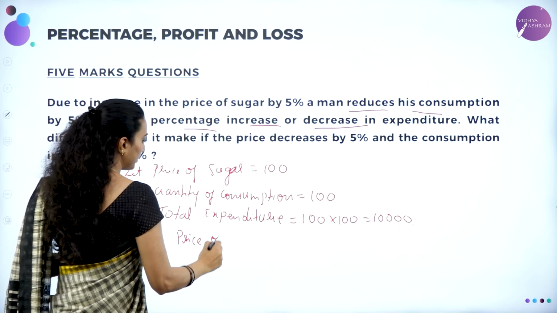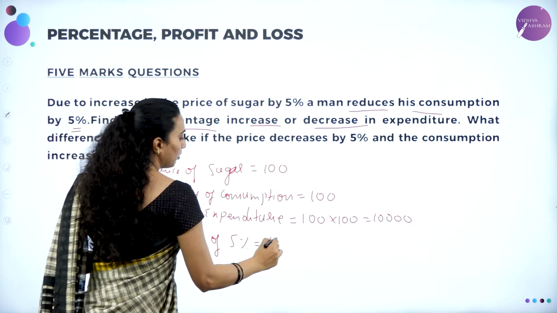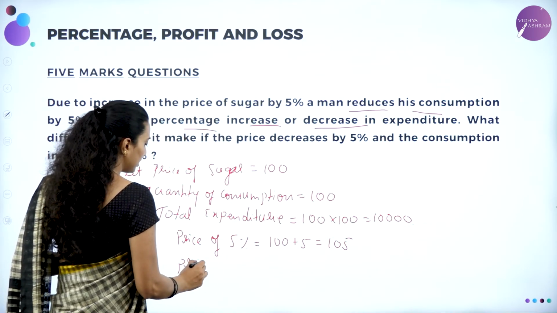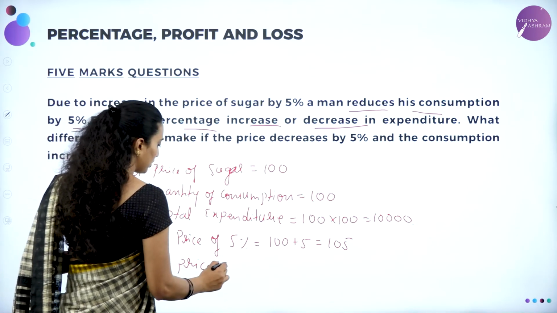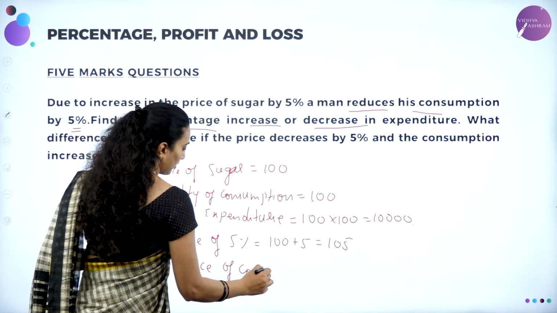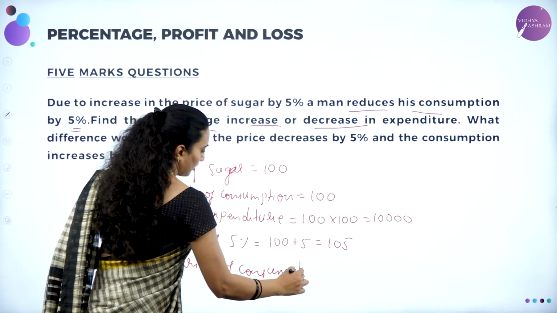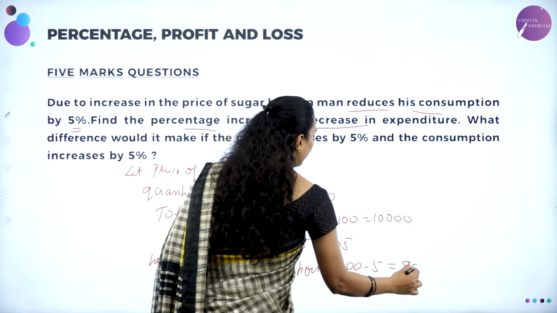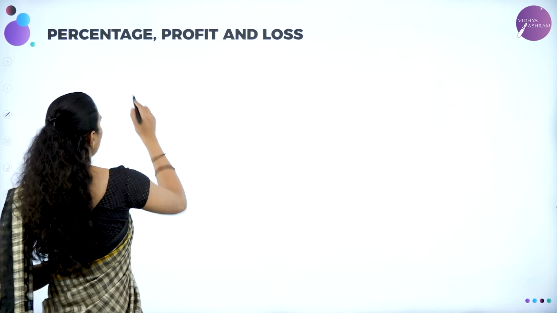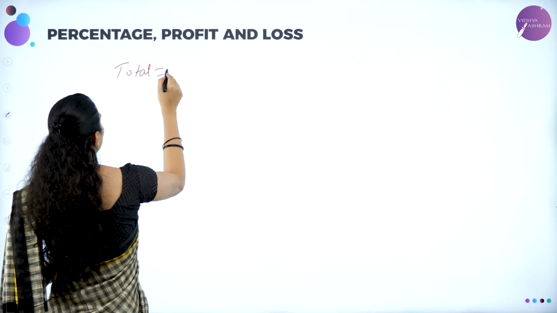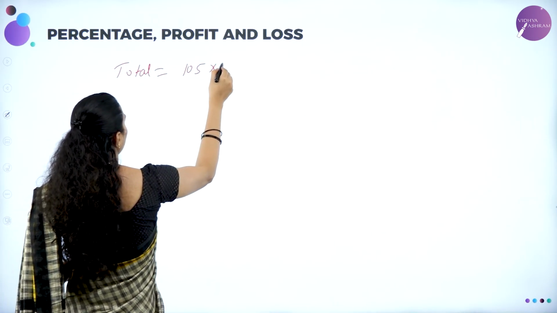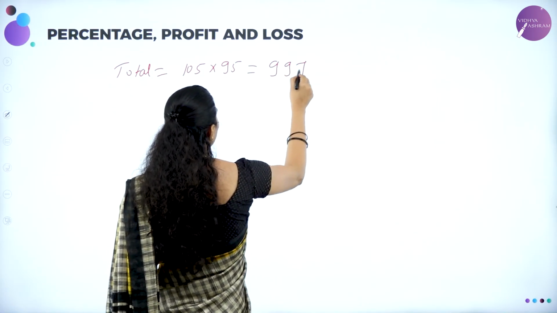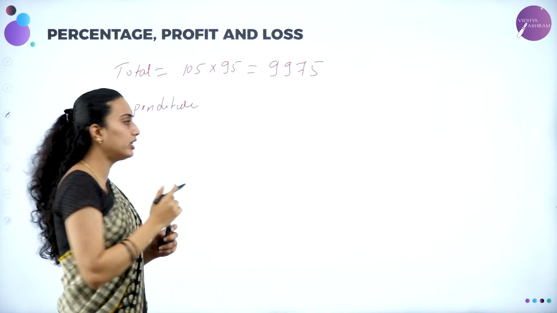Therefore the new price will be 100 plus 5, which is 105, and the new consumption will be 100 minus 5, which is nothing but 95. So the total will be 105 into 95, which is 9,975.